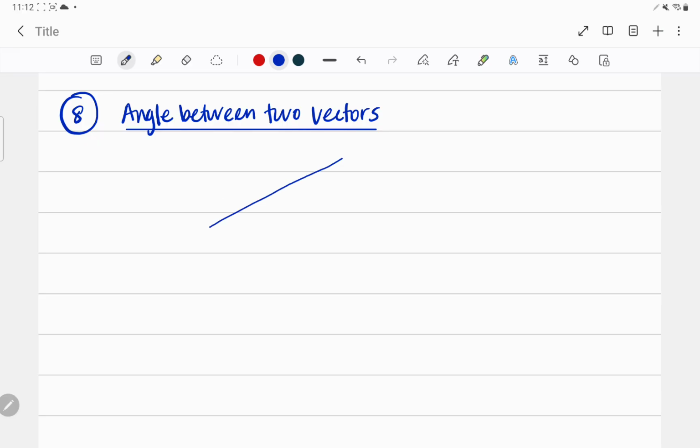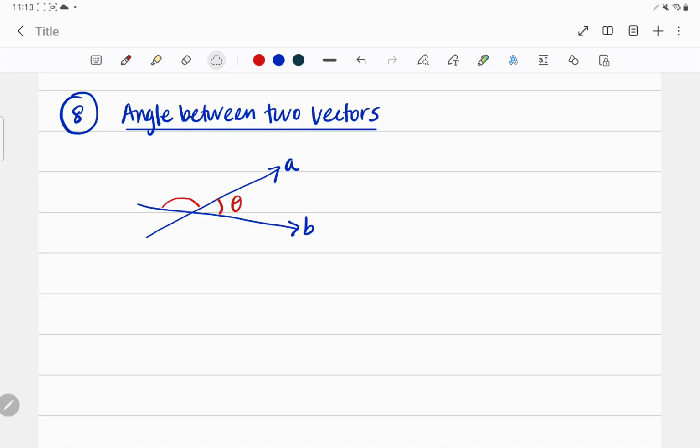Let's say I have a vector A and I have another vector B. The angle between the two vectors here could be an acute angle, theta, or it could be an obtuse angle over here, which is 180 minus theta. So how do we know whether we will be getting an acute angle or an obtuse angle?